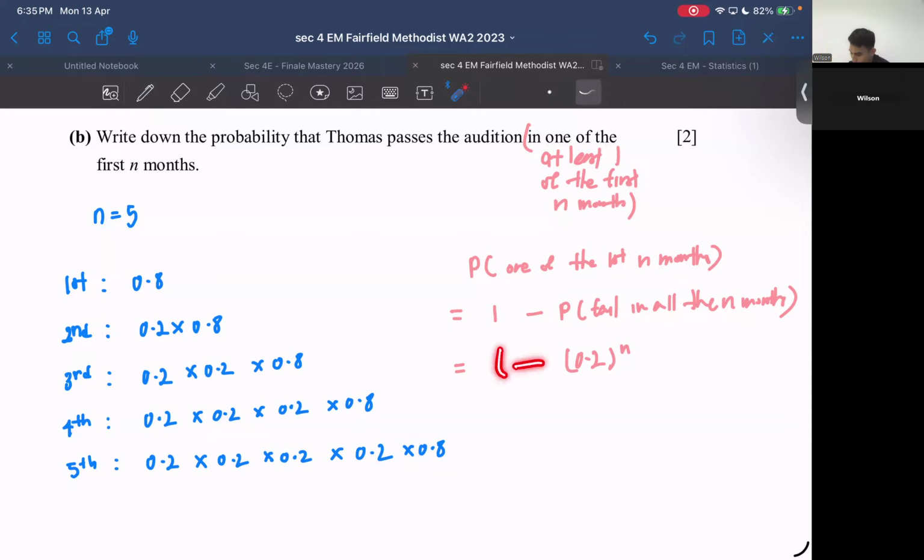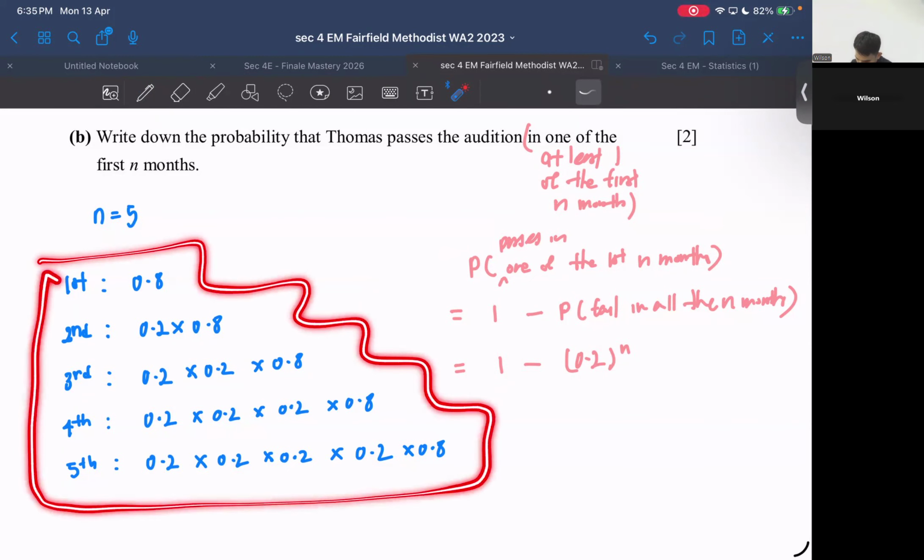So 1 minus the probability that he failed in all those months means the probability that he passes in one of the first n months over here. So this is encompassed in this expression.